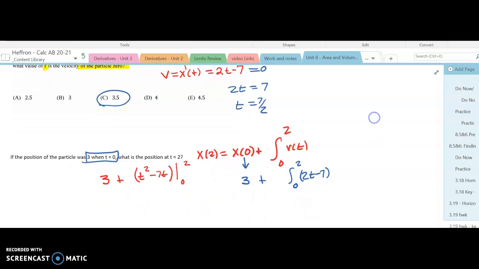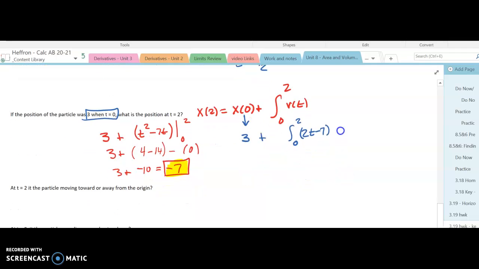That will be 3 plus 4 minus 14 minus 0, or 3 plus negative 10, or negative 7. So this actually should be what it was based on the velocity that we have.